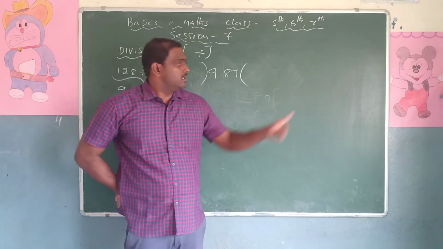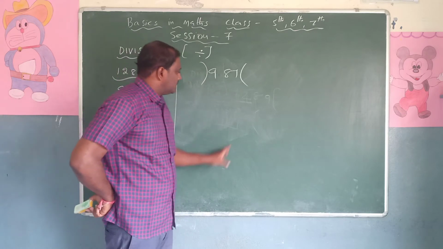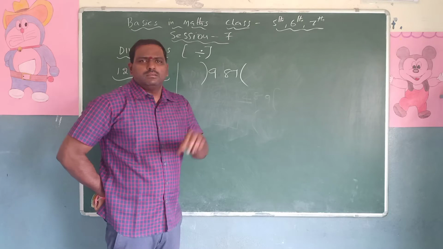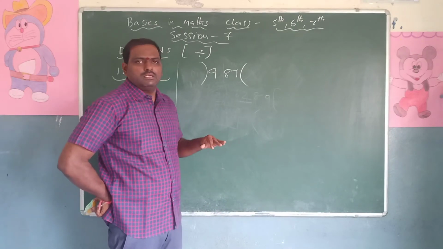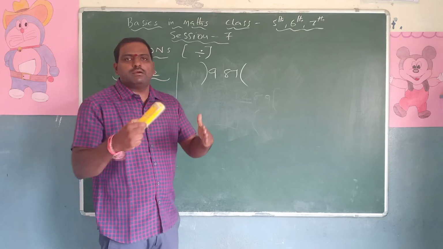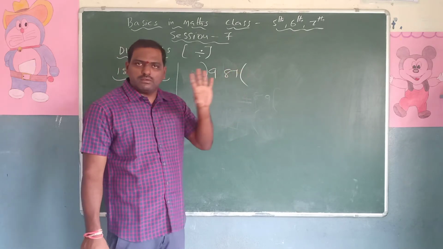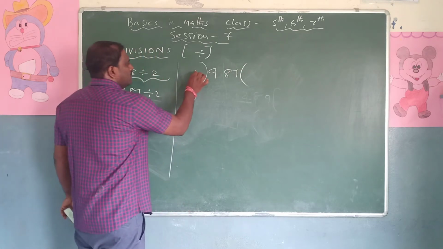You have to write all the rough work and you have to mention some lines as I am mentioning. Some students are not at all mentioning them, simply writing the numbers. Why am I mentioning the lines? To avoid the confusion, to avoid the mixing of the numbers. You have to write that. How I am doing, you have to follow the same thing. Don't do it your own way, right?